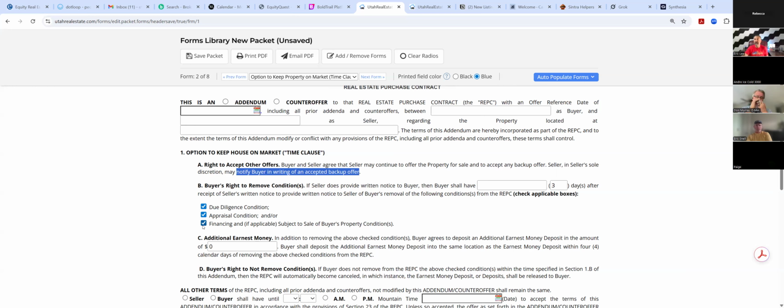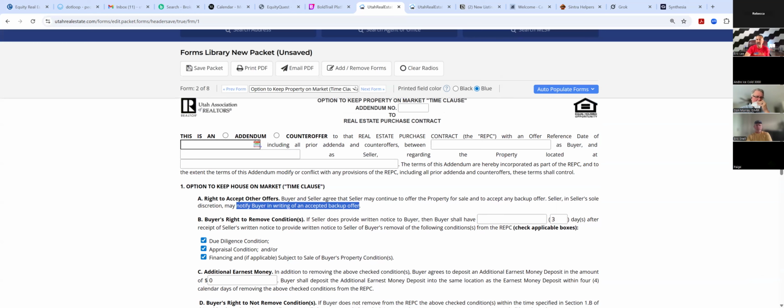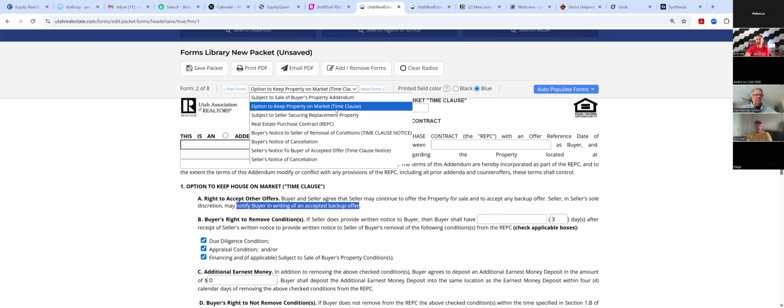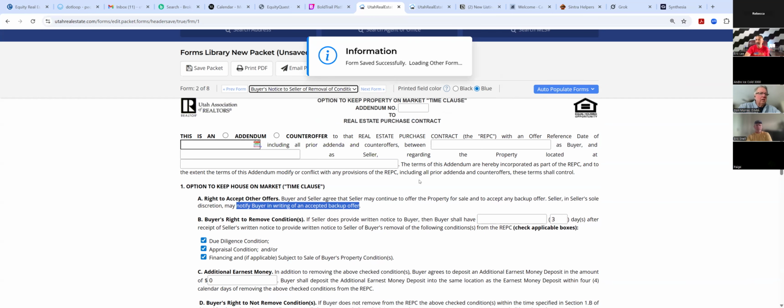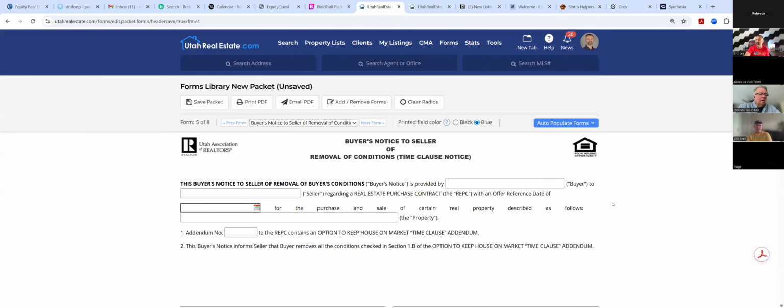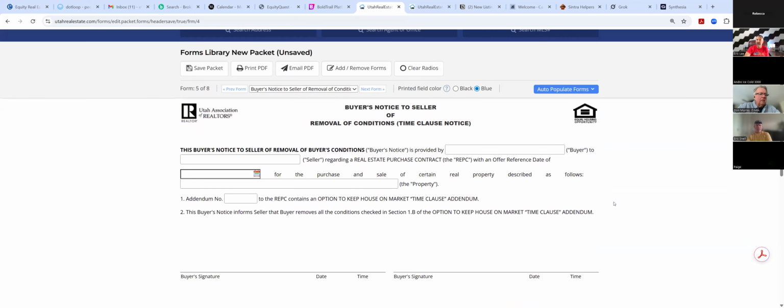If we do get an offer in the next 5 days, then you can remove your subject to sell, right? So there is a buyer's notice to seller of removal of conditions. And so let's say that I push back as the listing agent and I say, well, Jen, this is the way I'm going to proceed. I don't want any risk.